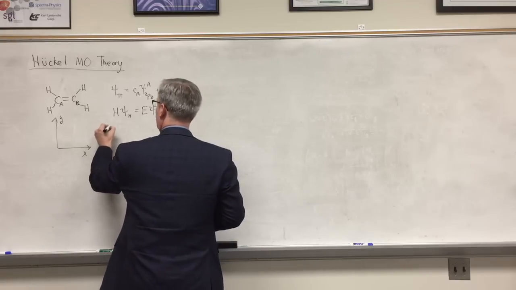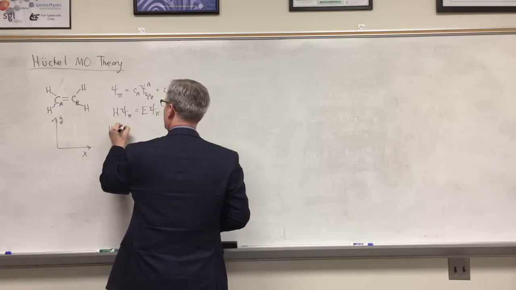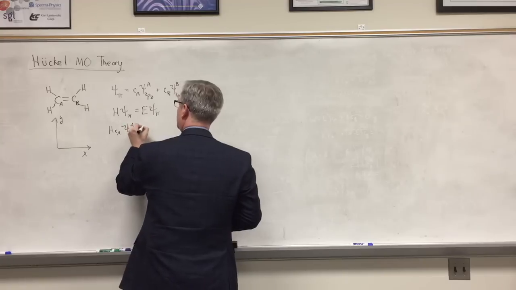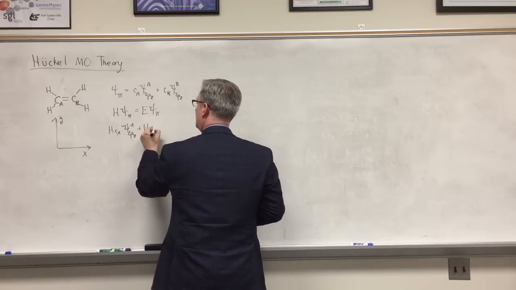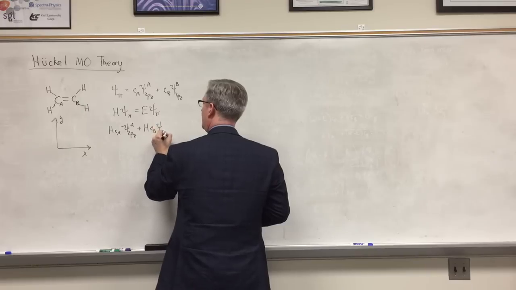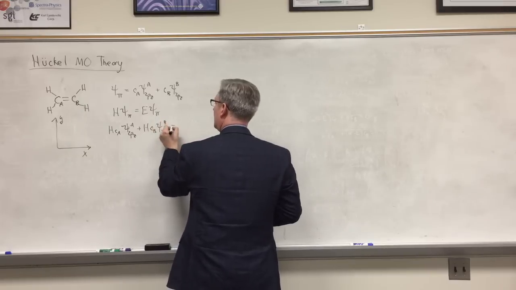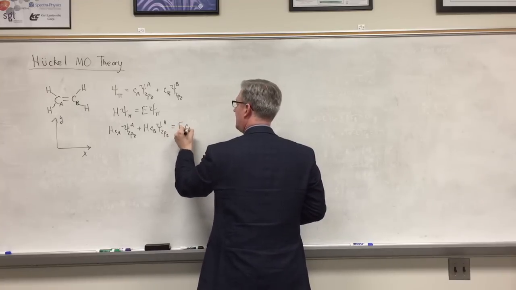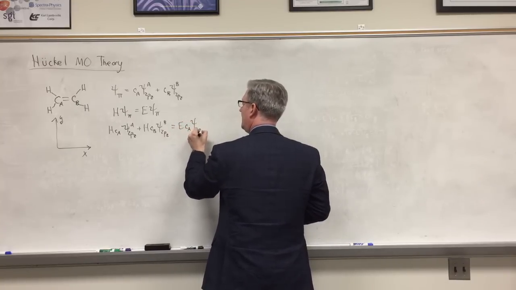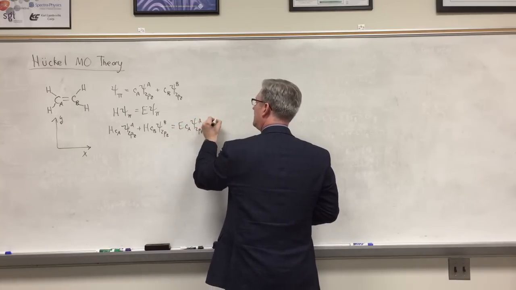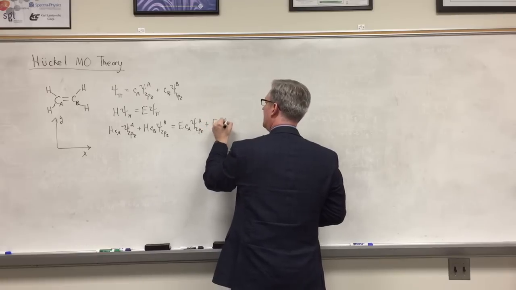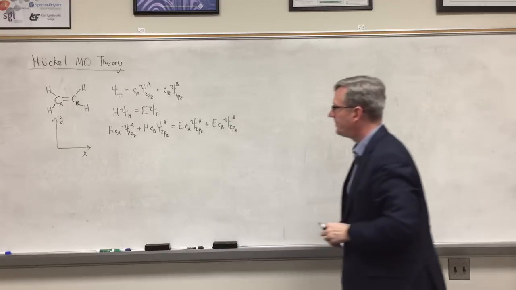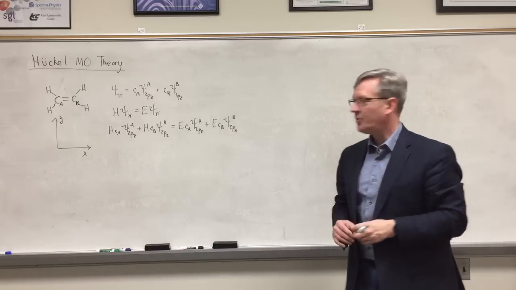I find H times c sub A psi 2pzA plus H c sub B psi 2pzB, that's the left-hand side, is equal to E times c sub A psi 2pzA plus E c sub B psi 2pzB. This looks like it's getting much worse.